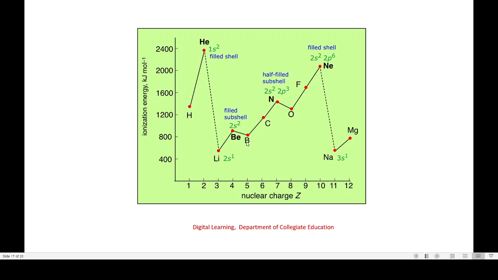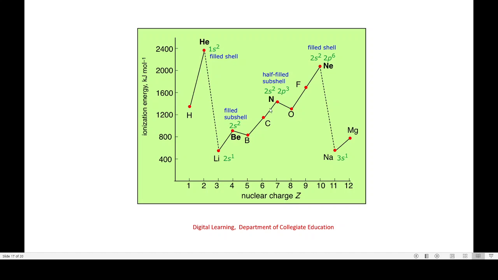By removing one electron from the p1, the configuration gets converted to a completely filled orbital, and hence it is very easy to remove an electron from boron. So the ionization energy is lower compared to beryllium, where it is slightly higher because of the filled s subshell.